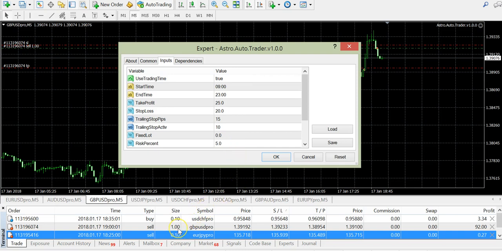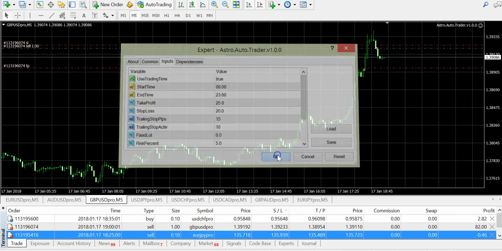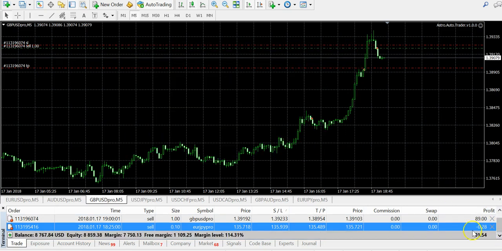You see here, with 5% the software calculates that it is one lot size to trade, and we had about $8,000, close to 9, and the software calculates the risk of 5%. I advise you to trade maybe with 1% or 2%, not more.